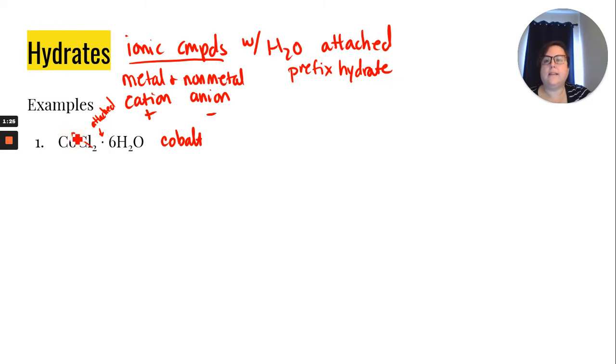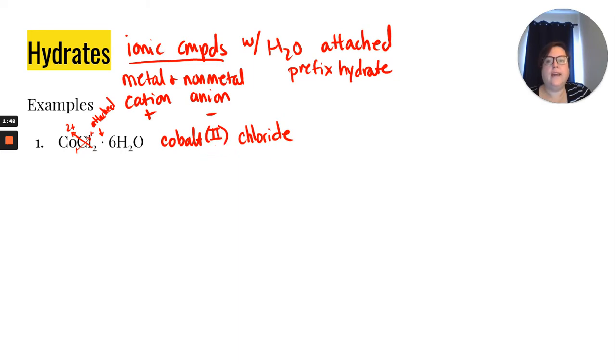So we would bring up that subscript, and then the subscript here is a 1, so we would bring that up. Chlorine is a -1 because it's in group 17, which means the charge on the cobalt is 2. So this is cobalt 2, and then Cl is chlorine, so we would change the ending to chloride.